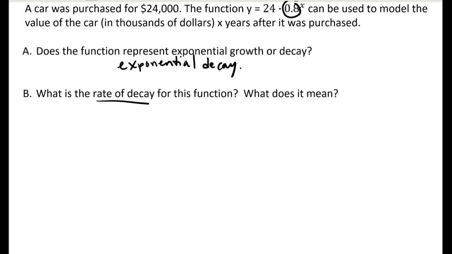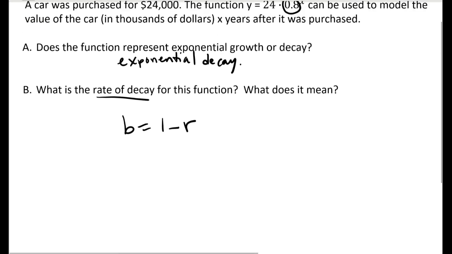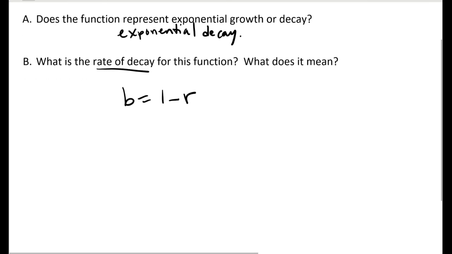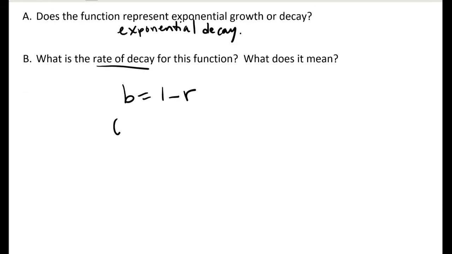Now what is the rate of decay for the function? So the rate of decay, remember that b is 1 plus r or 1 minus r. So in this case, decay is minus, so it's 1 minus. All right, so what is b? Well, b is 0.8, right? So the only way we can get 0.8 is if r is 0.2. So r has to be 0.2, since 1 minus 0.2 is 0.8.